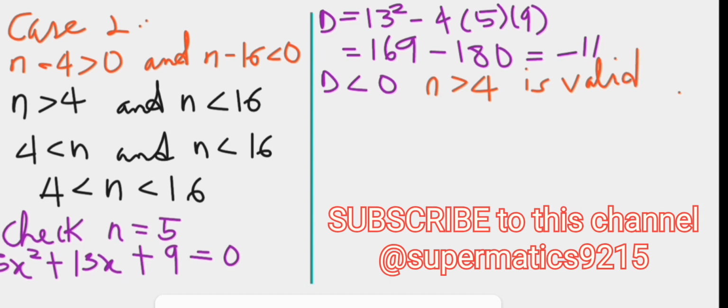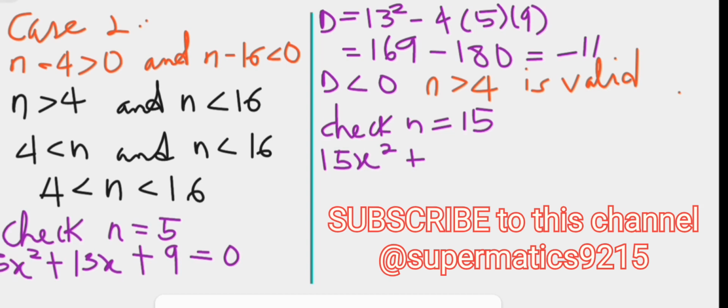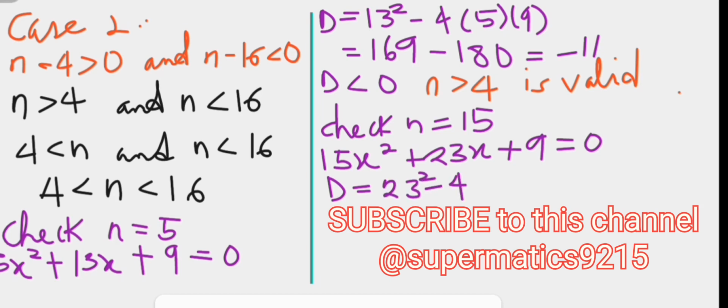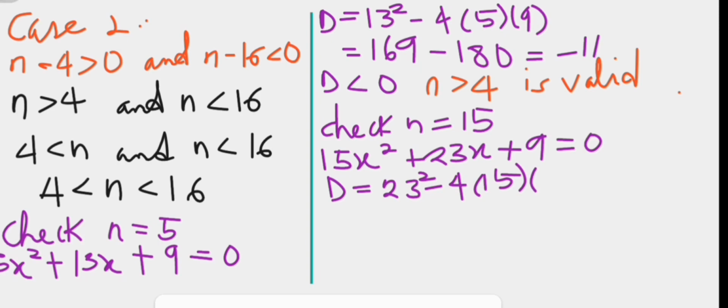Then with the second value, let's check a value of n less than 16, say 15. When we put n equals 15 in the original equation, it becomes 15x squared plus 23x plus 9 equals 0. The discriminant again is D equals 23 squared minus 4 times 15 times 9, where 23 squared is 529.